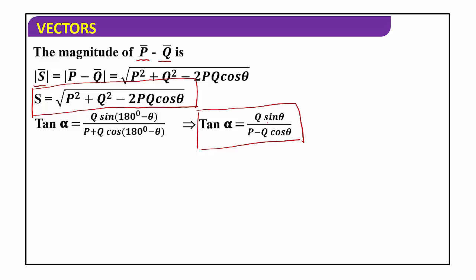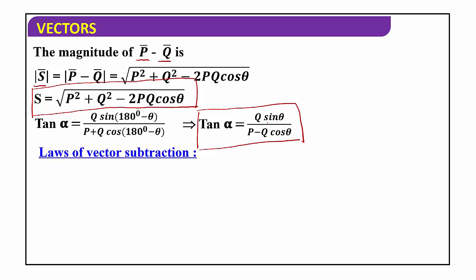So remember, in subtraction of vectors, again we have to add the two vectors, but the negative vector should be in the opposite direction. And while substituting the values in the given equation, remember we have to write only its magnitude value. Magnitude means length, so that should be positive. It should not be negative.